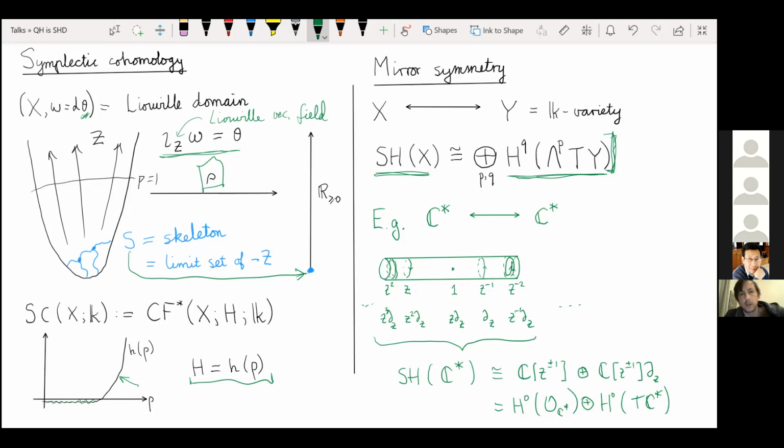Yeah. So another prediction of mirror symmetry in this case would be that the S1-equivariant symplectic cohomology would be isomorphic to the de Rham cohomology of Y.